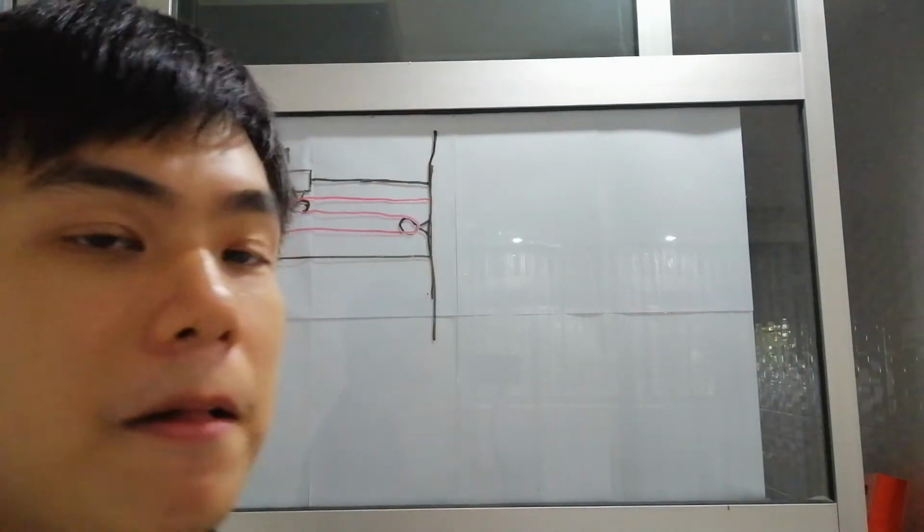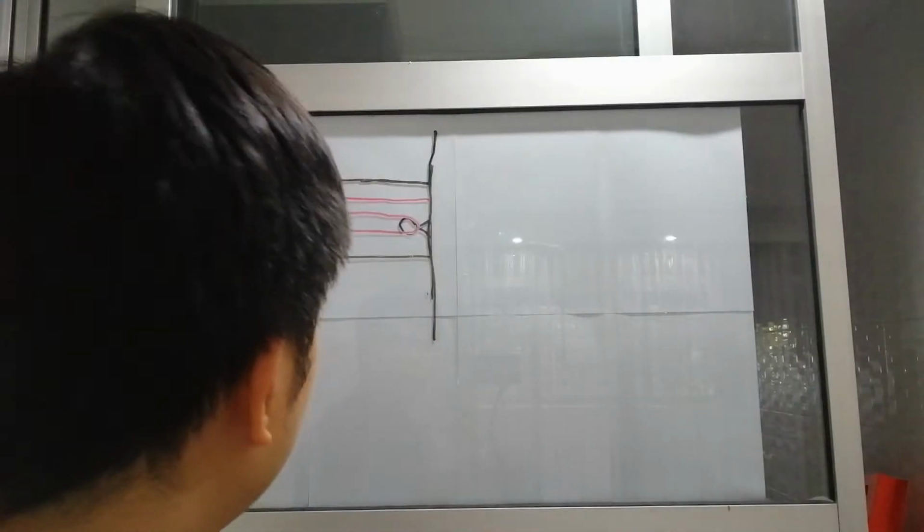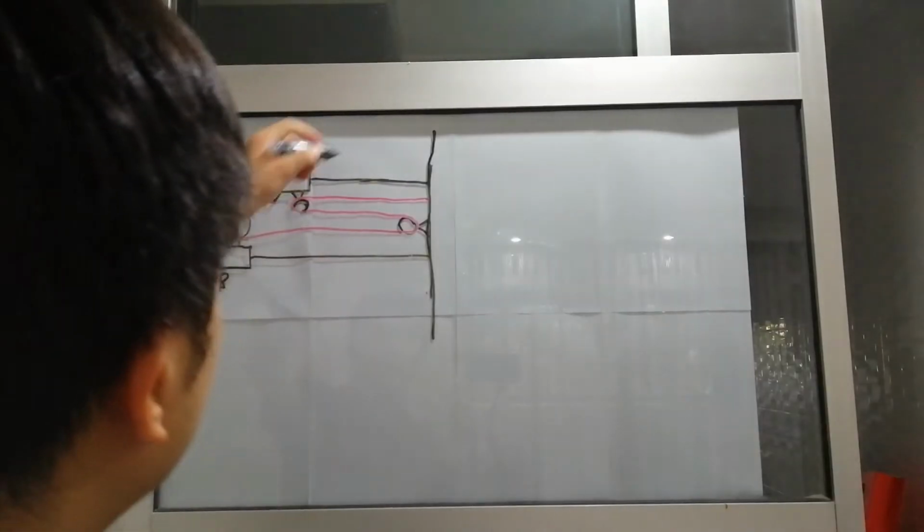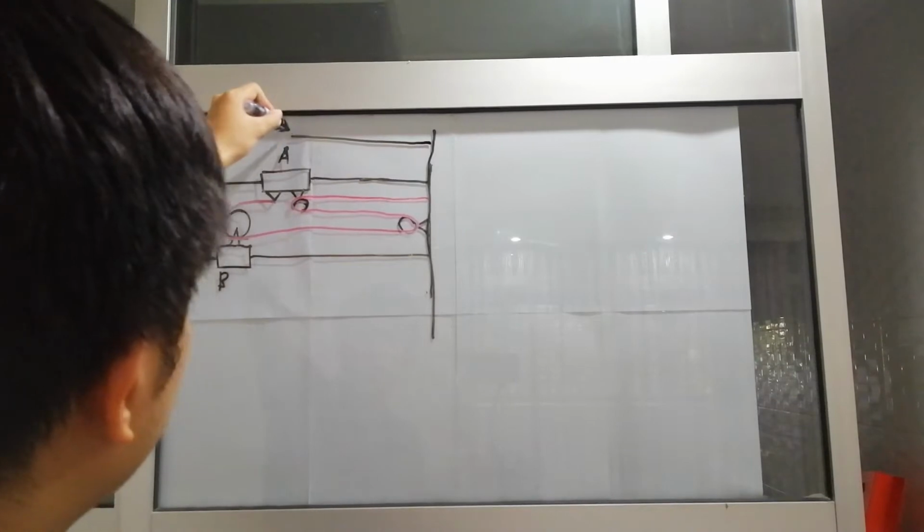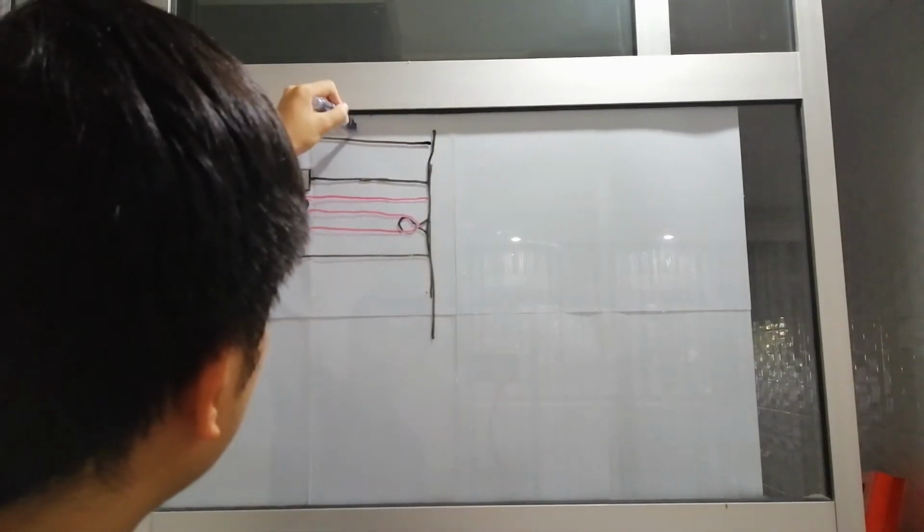Now, the next step is basically to implement the constraint equation, right? Let's take a look at something very interesting. If I were to implement a constraint equation, I'm going to say that the displacement of A from the datum is r_A.